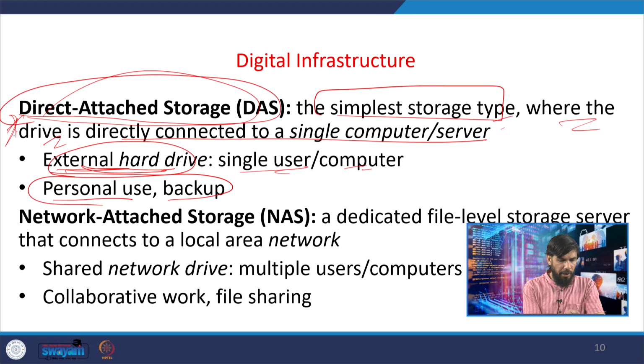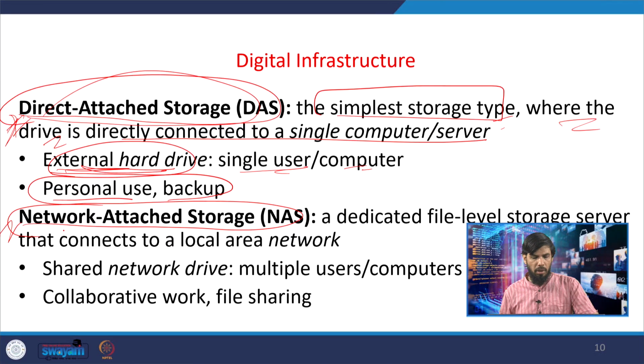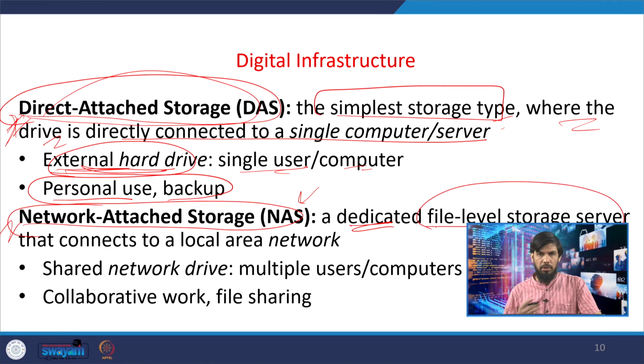So, this is about direct attached storage, and the next one is network attached storage. Let us say you are working in a team and the same set of files and data is being shared. You might benefit from a dedicated file level storage server, right. It connects to a local area network, your own network within the organization or for your team.